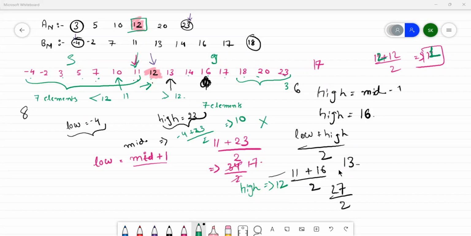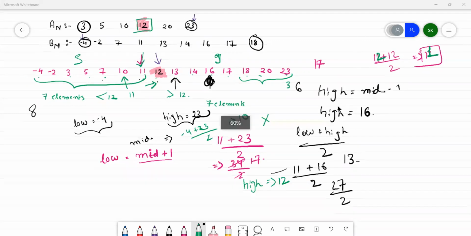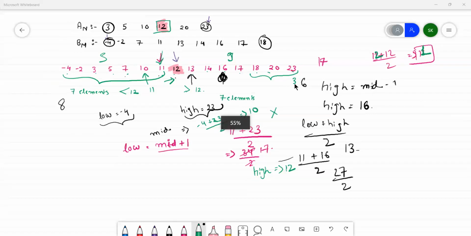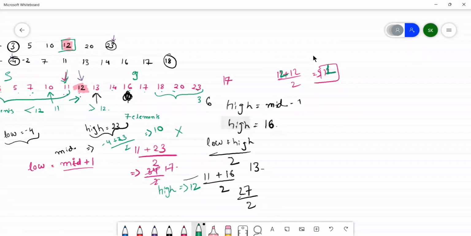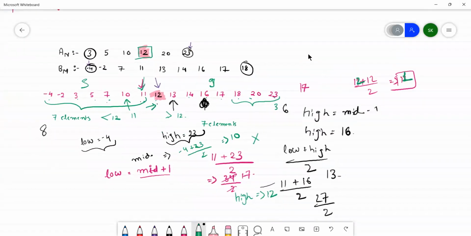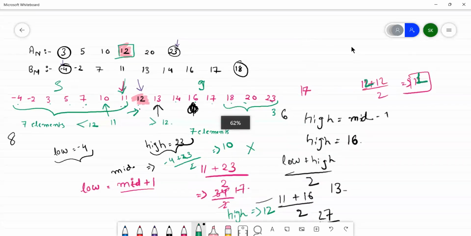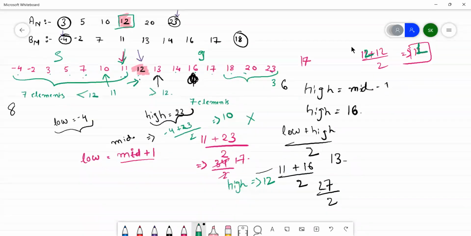Give homework? Okay, I'll give the homework. There are lots and lots of binary search problems which I can give you as homework, but as of now, today you just go through this particular problem once again. That will be enough.